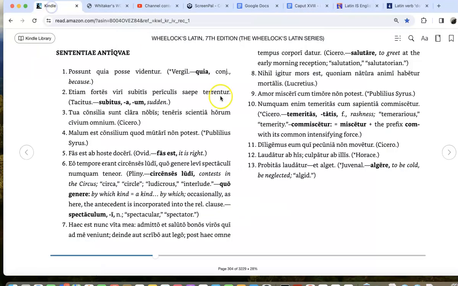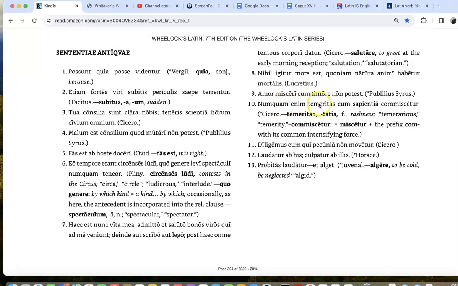Let's go over this one here. Again, as always, please look up the word. You'll have something like this. Never. For. Rashness. Again, we'll follow that right here. With. Wisdom. Mixed. Used for intensification. So this is miscitur.